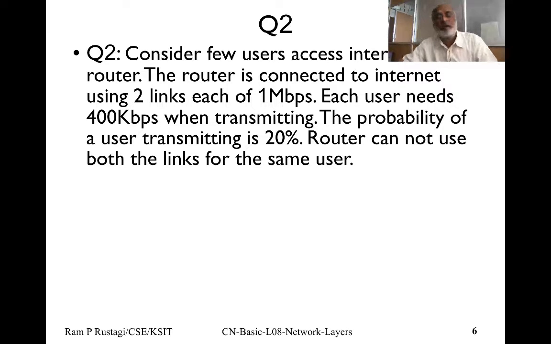The question is, consider there are a few users that access the internet via a router, like before. The router is connected to the internet using two links. So far we looked at only one link. So this time we have a router R which has two outgoing links, where each link is 1 Mbps.